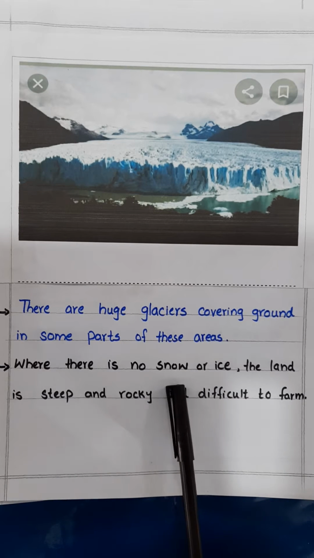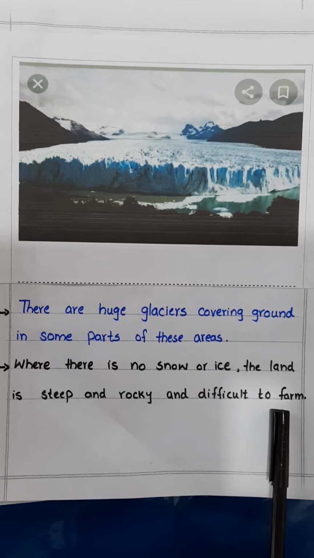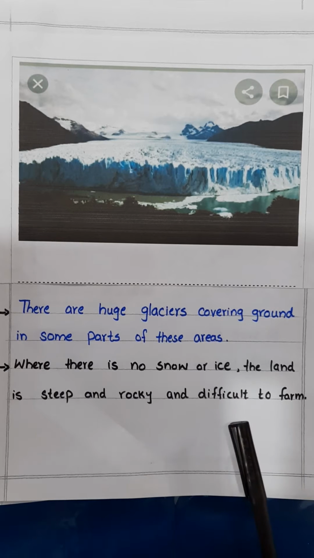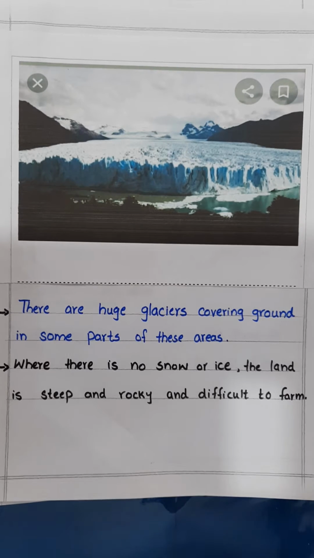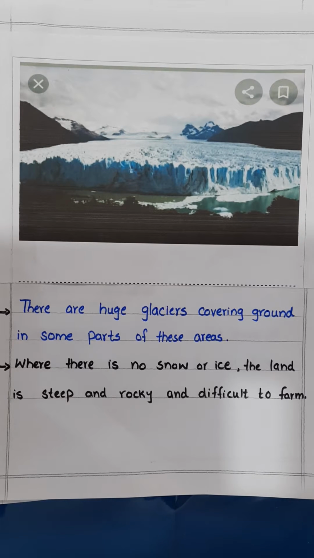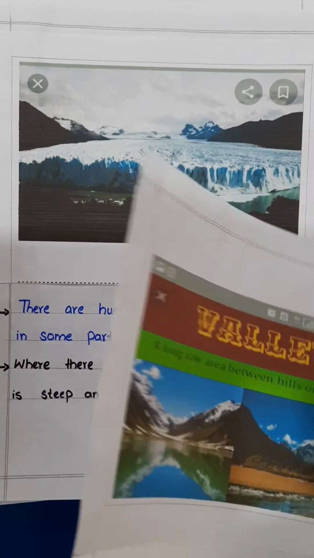Where there is no snow or ice, the land is steep and rocky and difficult to farm. Agriculture is not possible here because there is snow throughout the year.